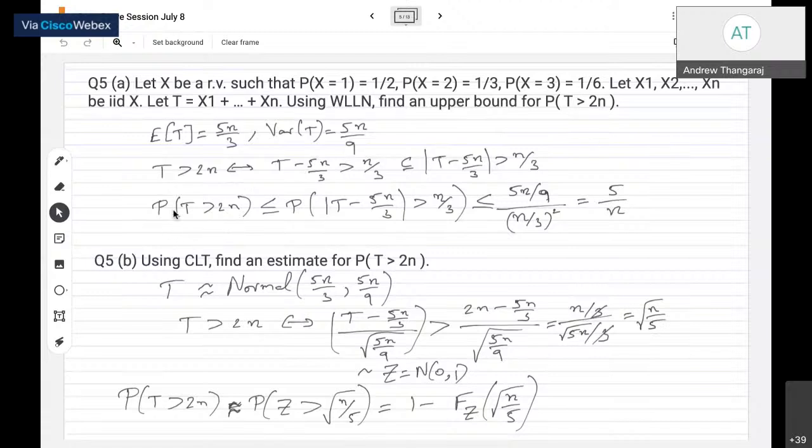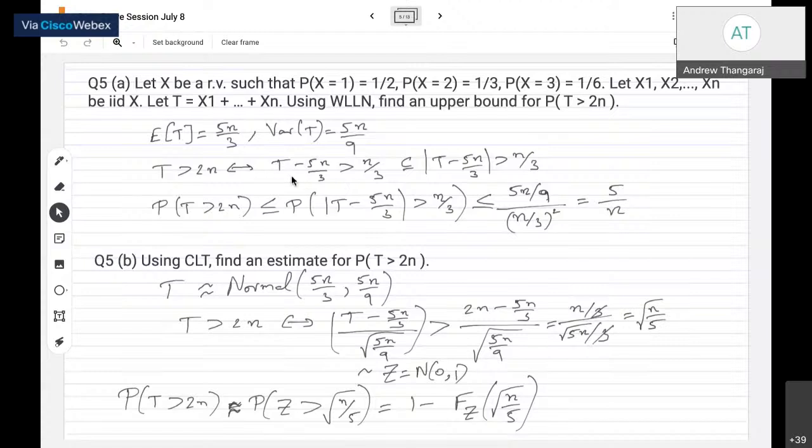The next step is to convert this event T greater than 2n into a form where the Chebyshev inequality can be applied. We did this a couple of sessions ago. I gave so many questions like this, right? So T greater than 2n is the same as T minus 5n by 3 greater than n by 3. Why am I subtracting 5n by 3?